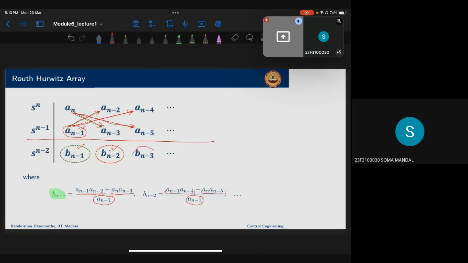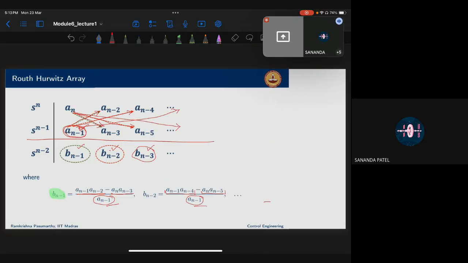Similarly, we will find bn minus 3: this one with the next term, this one with the next term, again divided by an minus 1. Is this clear? Any doubt? We divide by an minus 1 only, the first term, for every term.